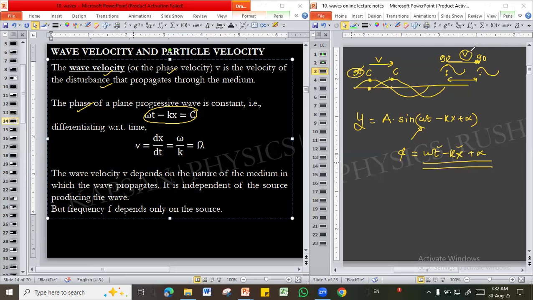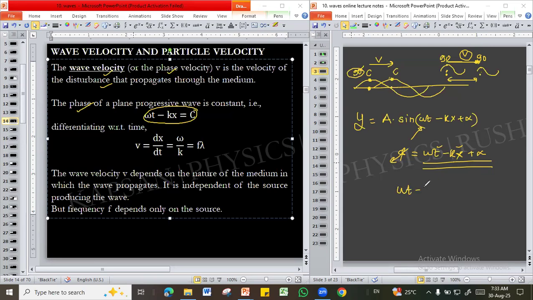Is the method clear? How to calculate the phase of the wave? How to calculate the speed of the wave? For the time being, assume any phase. You can assume phase equal to 89, 90, 91, 73, whatever you want, and make that phase constant, and you will get the velocity of the wave.